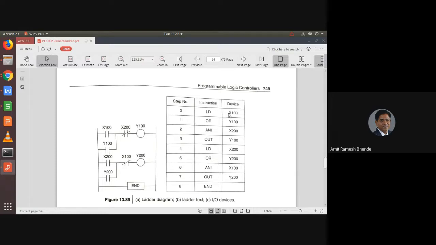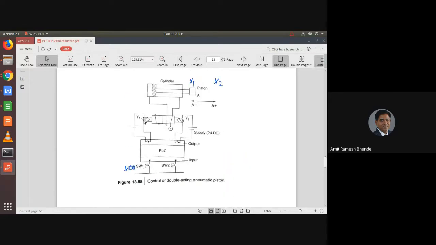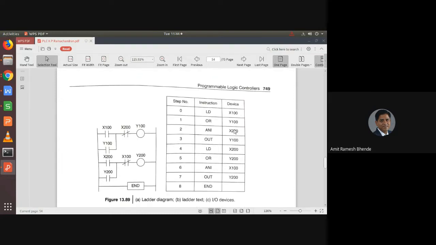That means when we press X100, then Y1 should be energized and you will get the extension motion, and at the same time it should be latched.